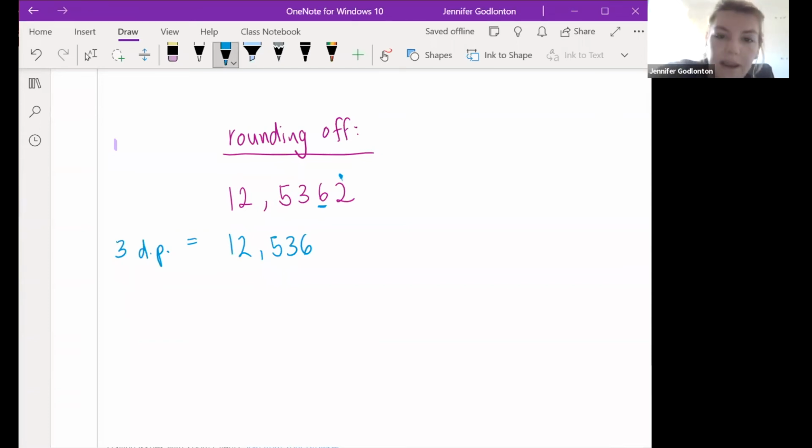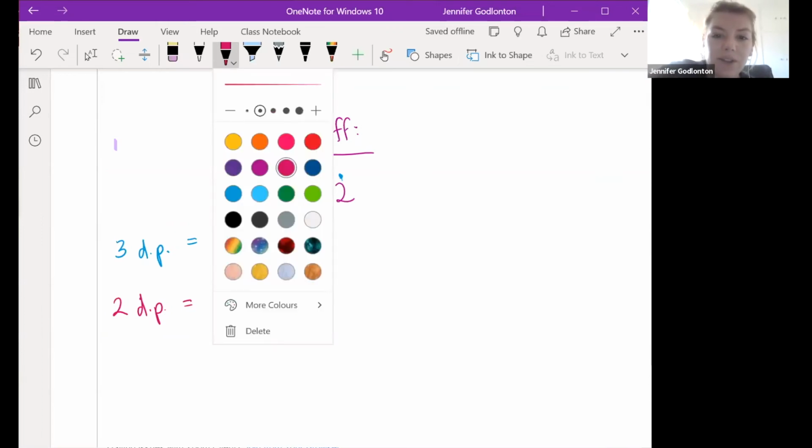Okay. If I wanted to round this off to 2 decimal places, that's 2 decimal places over there. So I look at my number on the right. 6 is bigger than 5, which means this number is going to go up. So I would have 12,54.